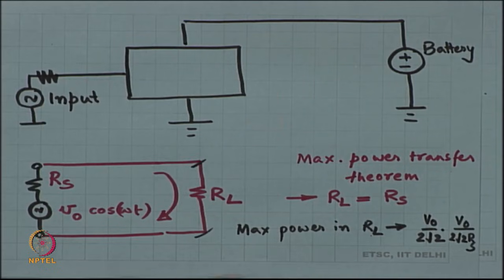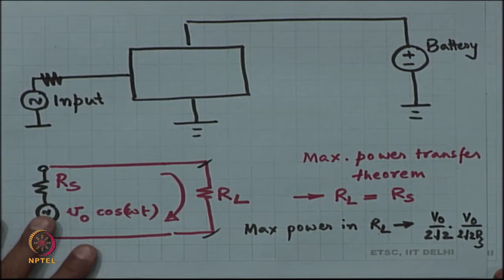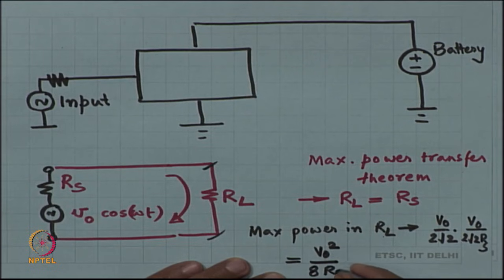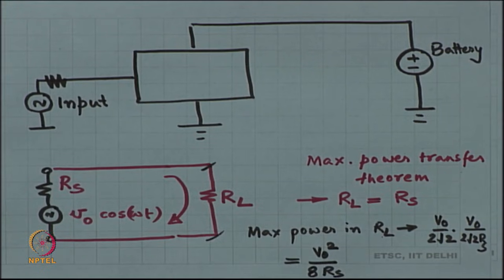So, V naught by 2 root 2 times R s is the phasor current, and effectively that gives me V naught squared by 8 R s, where V naught is the amplitude.